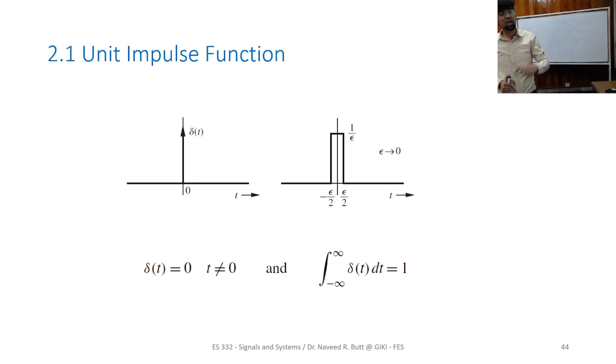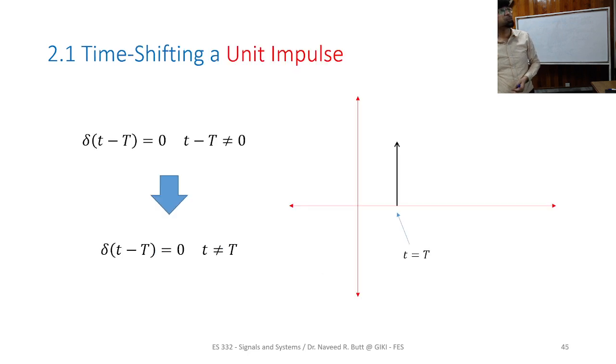Secondly, its area has to be 1, whatever function specifies that is this thing. So time shifted delta t minus t0, if you shift it, now you see that the impulse doesn't have to be at t equal to 0, you can also time shift it.